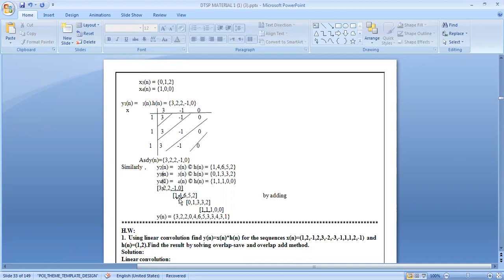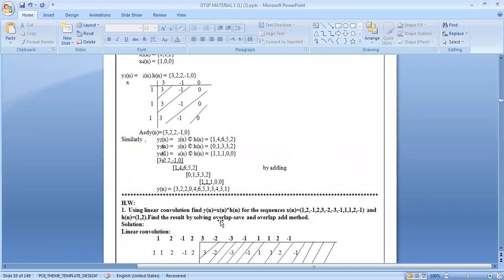So minus 1 plus 1 will be 0, 0 plus 4 will be 4, and the next will be 6. The 5 and 2 have to be added with 0 and 1, so 5 plus 0 will be 5, 2 plus 1 will be 3, then again we will have a 3. Then 3 comma 2 will be added with 1 and 1, so 3 plus 1 will be 4, and 2 plus 1 will be 3, and the final answer will be 1.